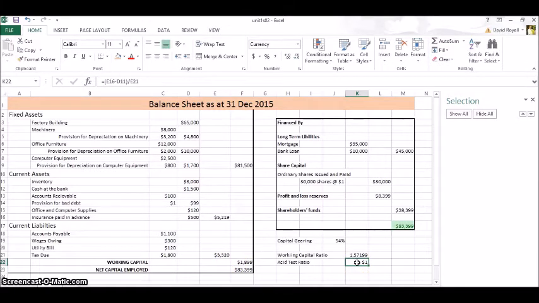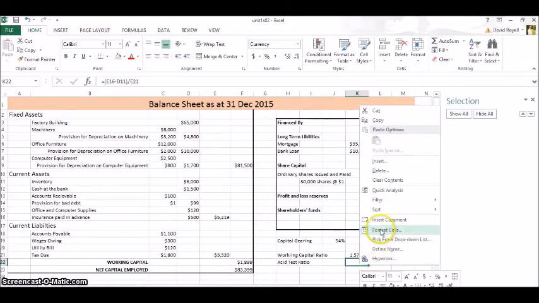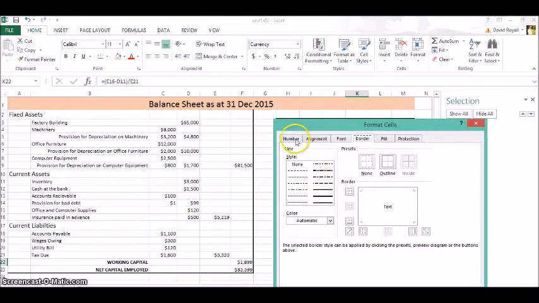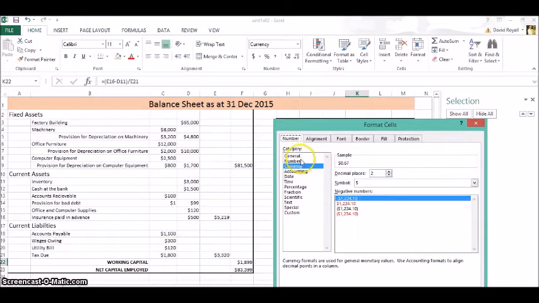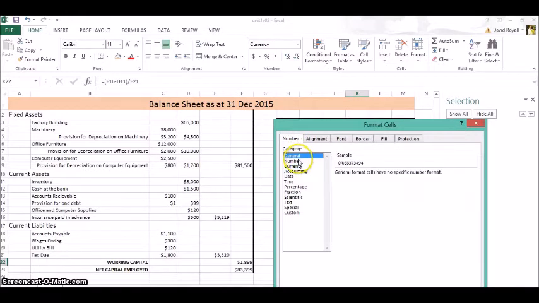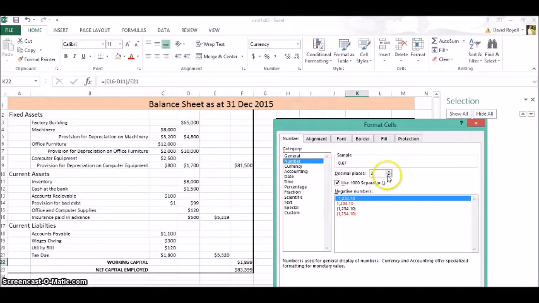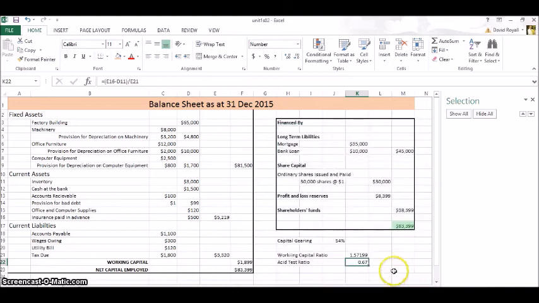Well, you can see that I seem to have an error there with the format. It's dollars, but I don't want that. So right click, format the cells, set it as a number, general, that's a number. I think probably better to 2 places of decimal, and I think that will more than satisfy our needs.